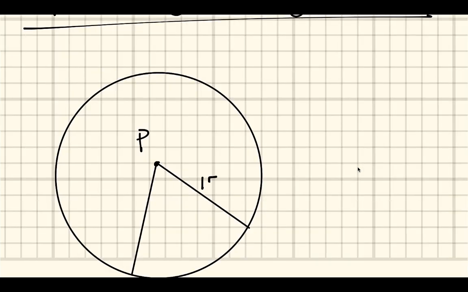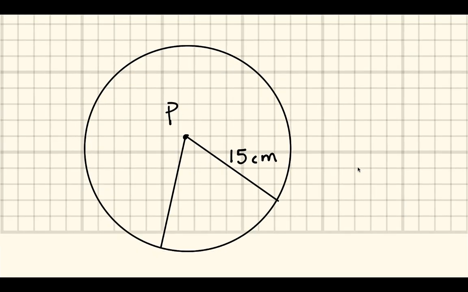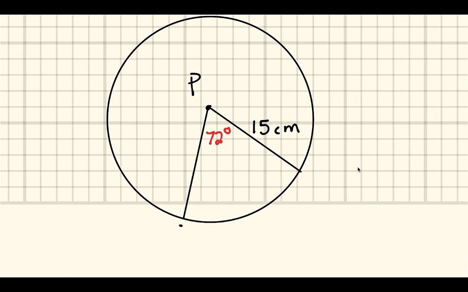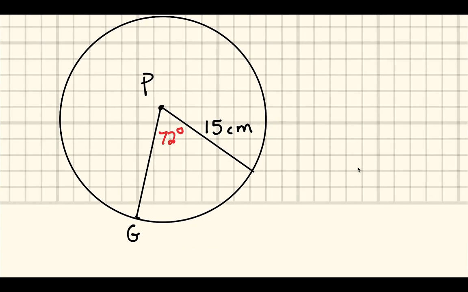Say the radius is 15 centimeters. We're given the arc measure here, or that central angle there, is 72 degrees. Let's go ahead and find this area here of this highlighted portion.